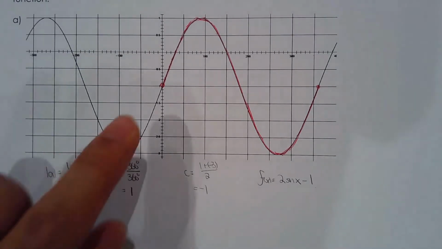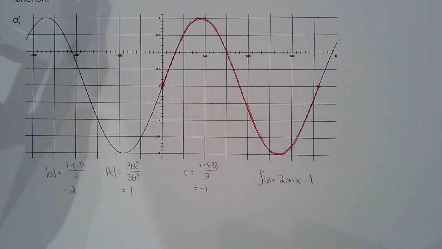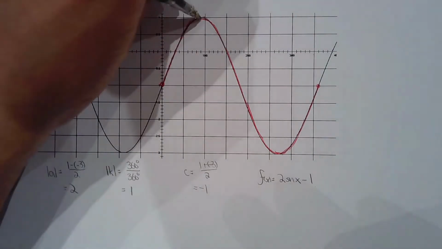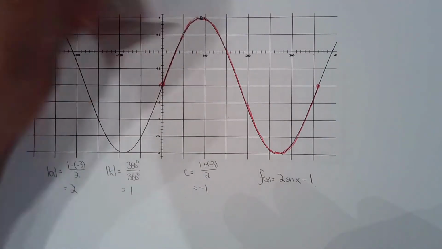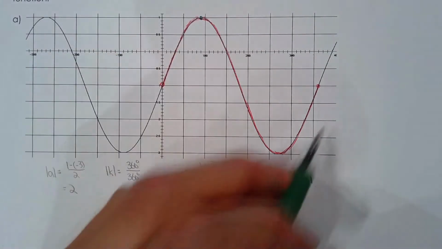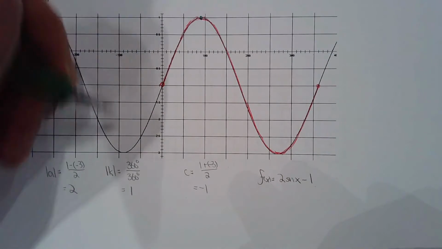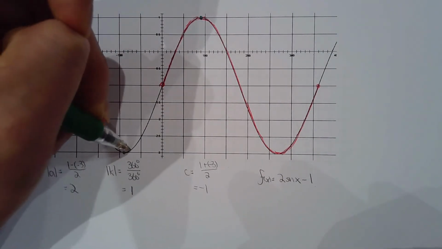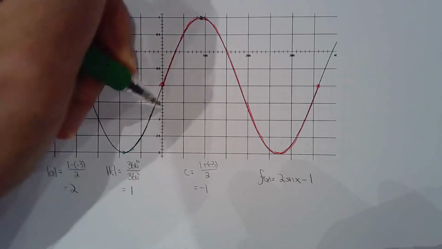So did I have to choose this as my starting point? Absolutely not. So what else can we do? We can choose this as our starting point, if you want to visualize it as a cosine function. I'm going to run out of room, so I'm going to choose right here.